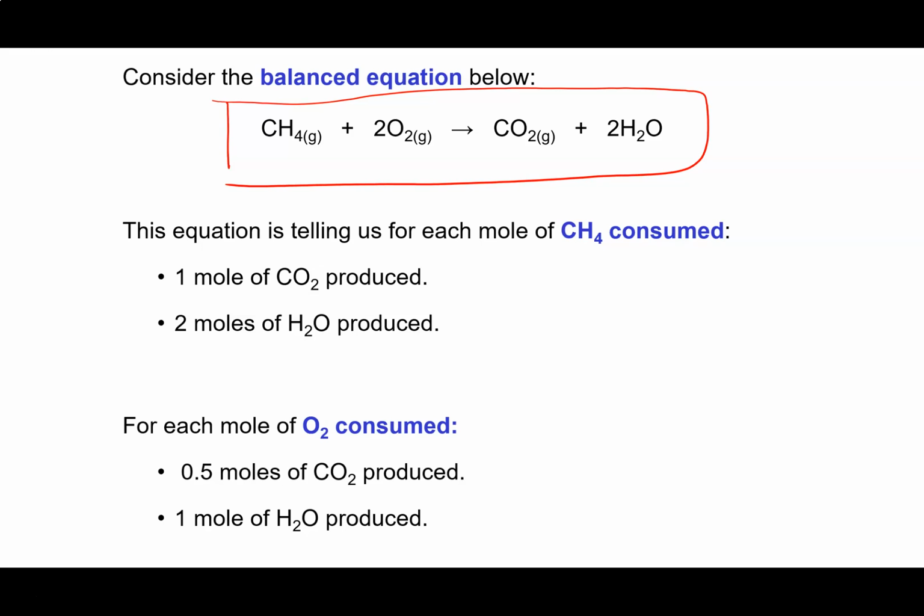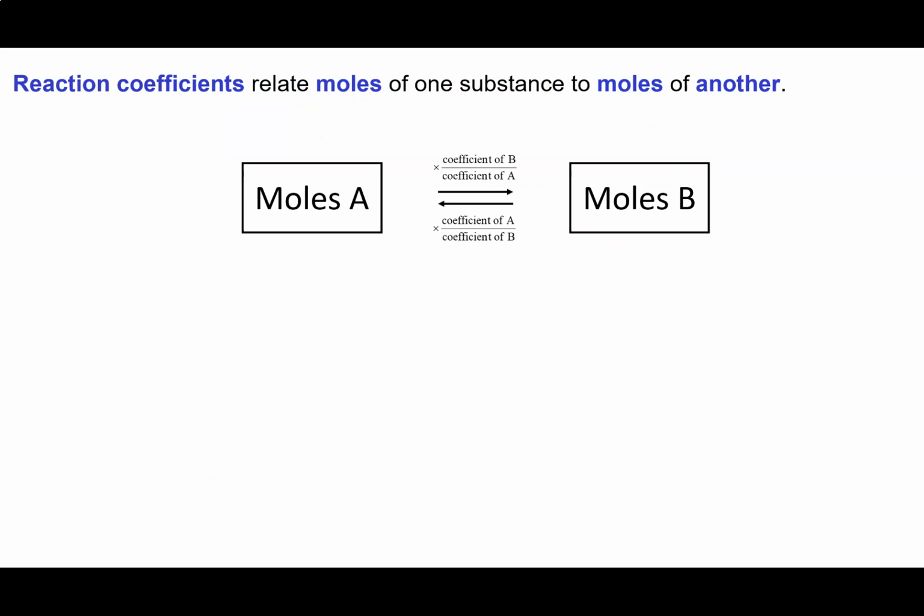That's the cool thing about balanced chemical equations. What this means is we can use the reaction coefficients to generate what are called mole ratios, and they allow us to convert from moles of one component to moles of another.